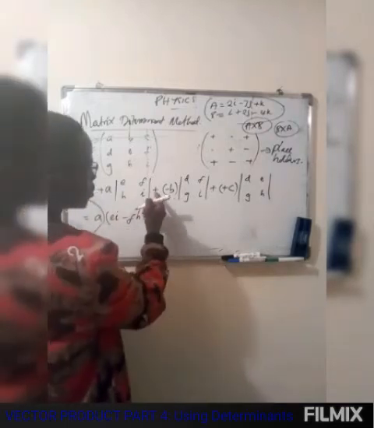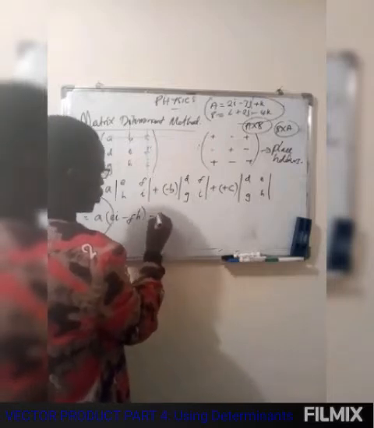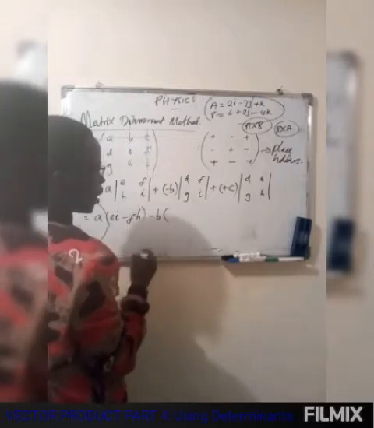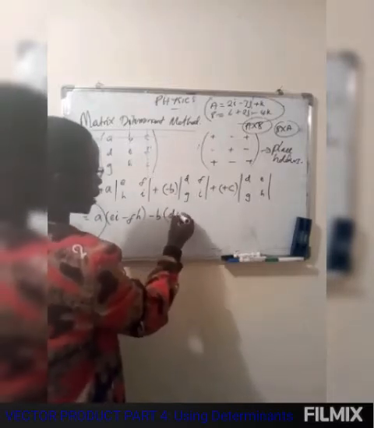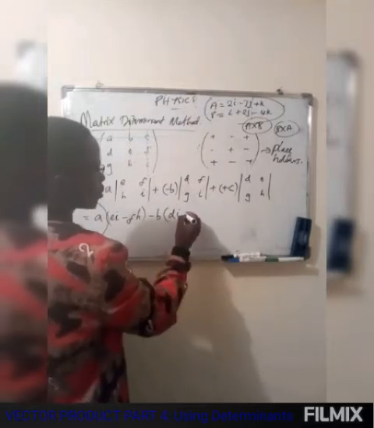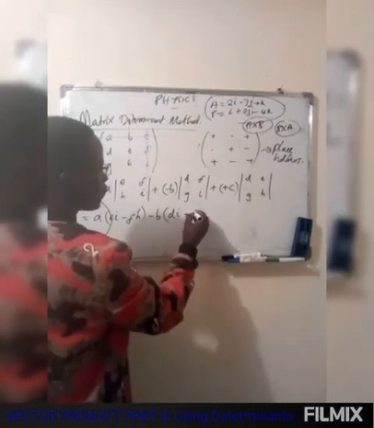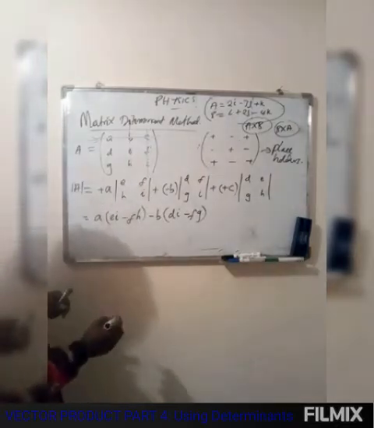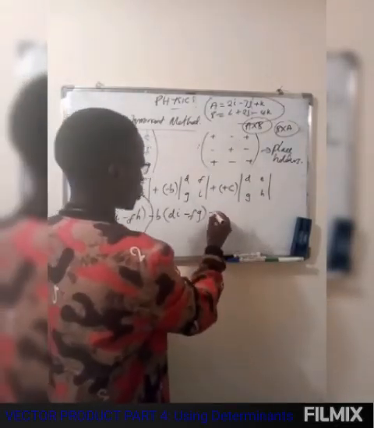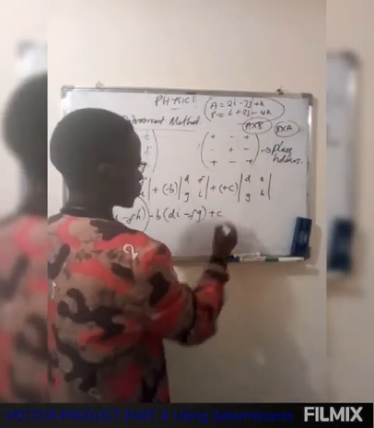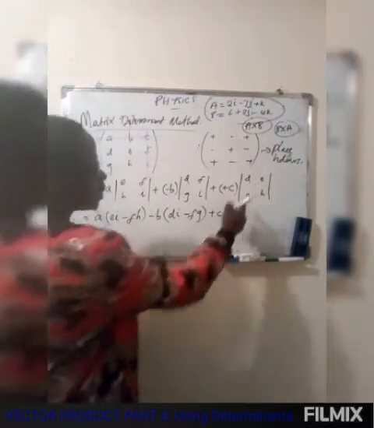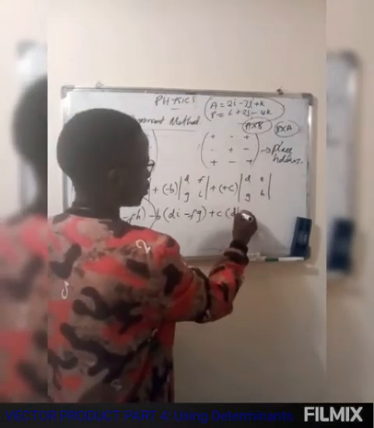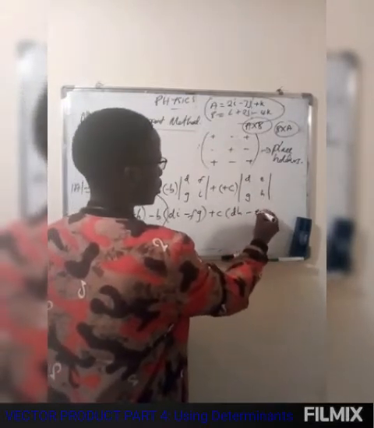Then positive and negative is negative, so that is going to be negative B multiplied by DI minus FG. Then positive and positive is positive, so plus C multiplied by DH minus EG.